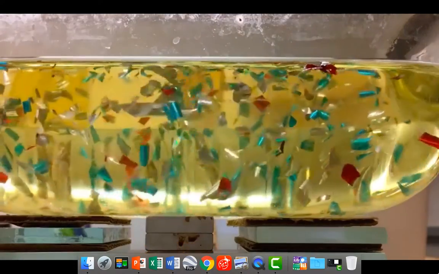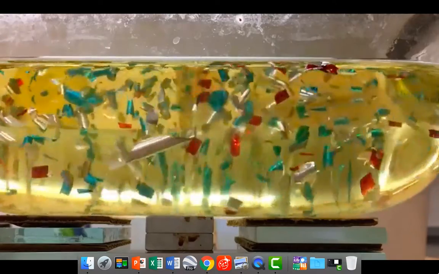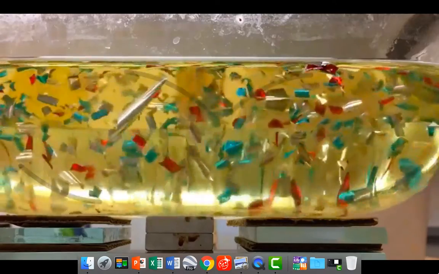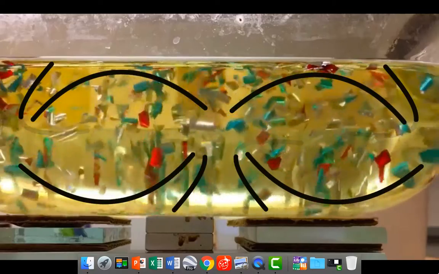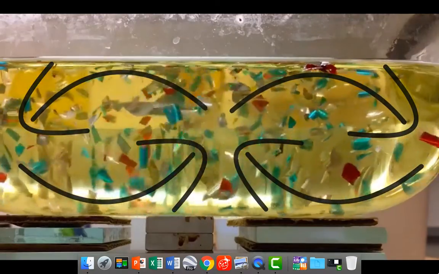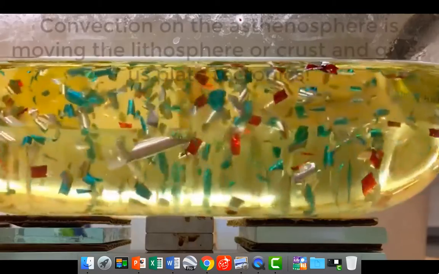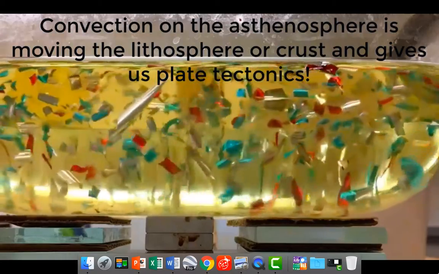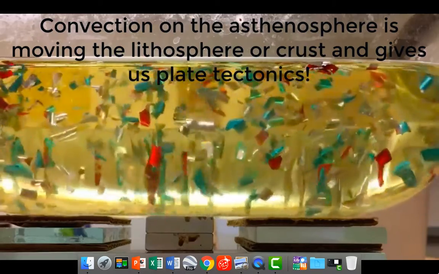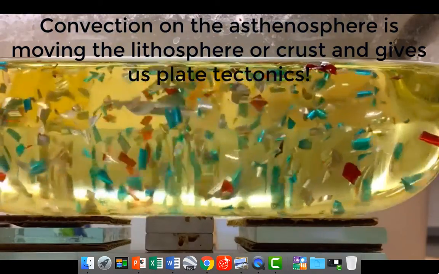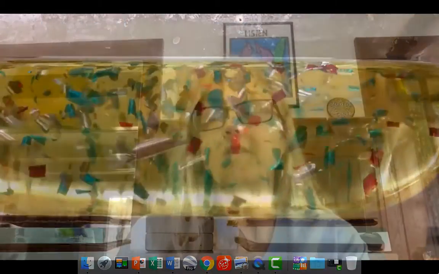We tried to do it with flakes of oregano, just showing that the mantle is moving in this convection cell manner, in these circular movements. So this is convection of the asthenosphere. That is what's going on inside the asthenosphere, the top of the mantle, and that is moving the lithospheric plates, or moving the crust.